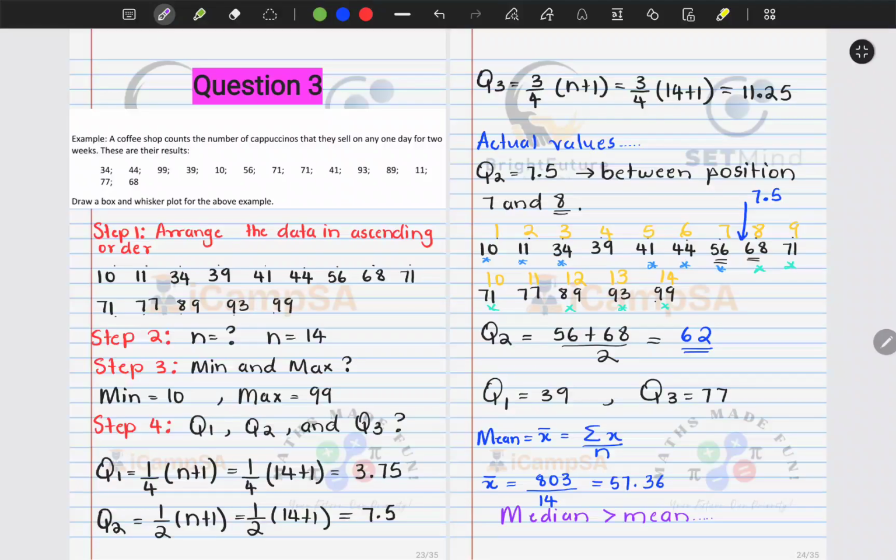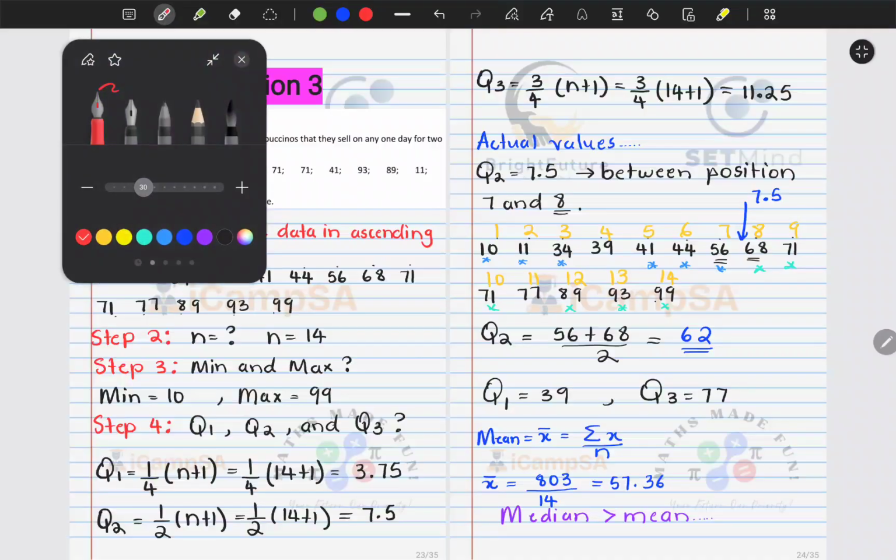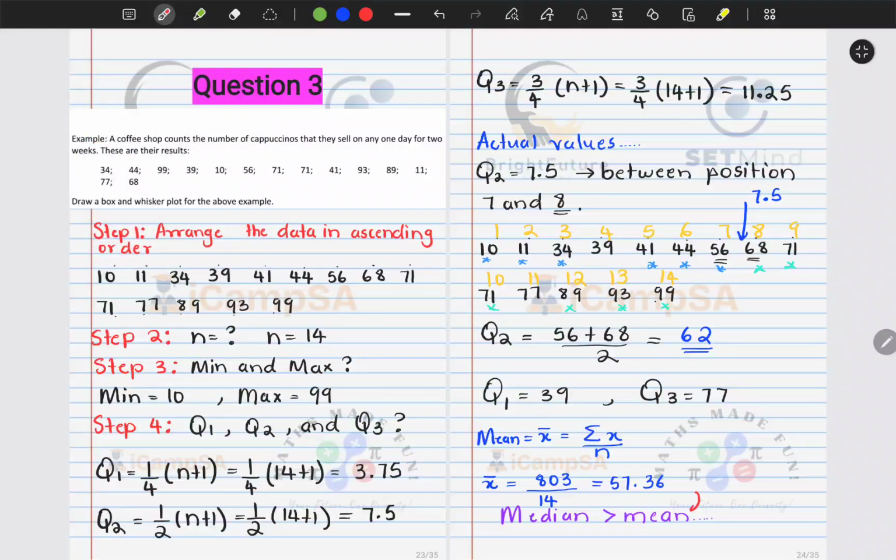So if you think of what this means, is that your median is on the right of the mean. Okay, what does it mean? It means your mean is on the left. So therefore this will be negatively skewed. Okay, this data here will be negatively skewed. Okay, just remember the notes that you should have made earlier.